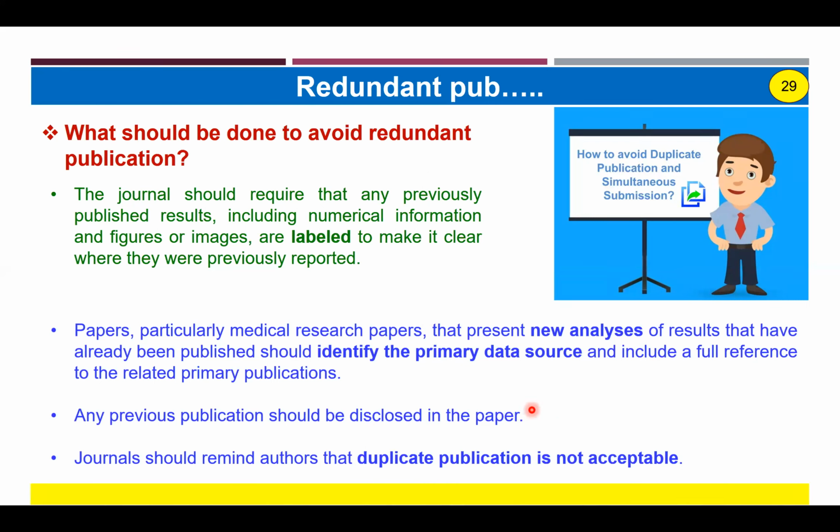Any previous publication should be disclosed in the paper. That is what you mention in the introduction part, before turning to the objective of your project. I'll talk about this structure later, but a little bit here.